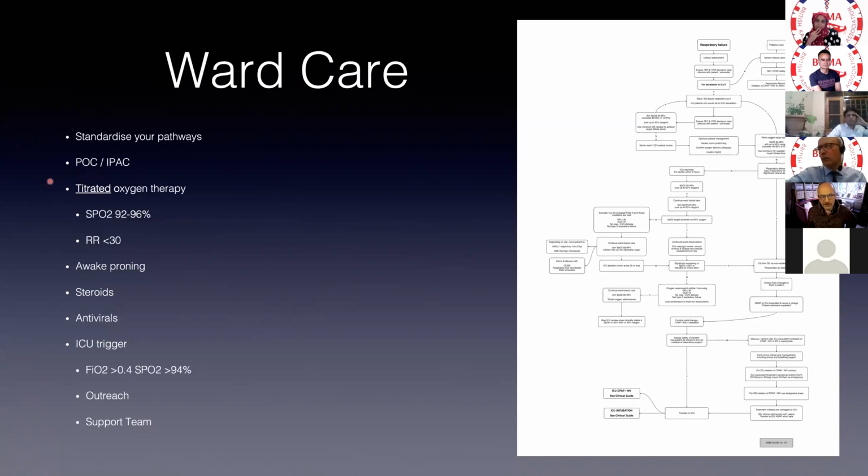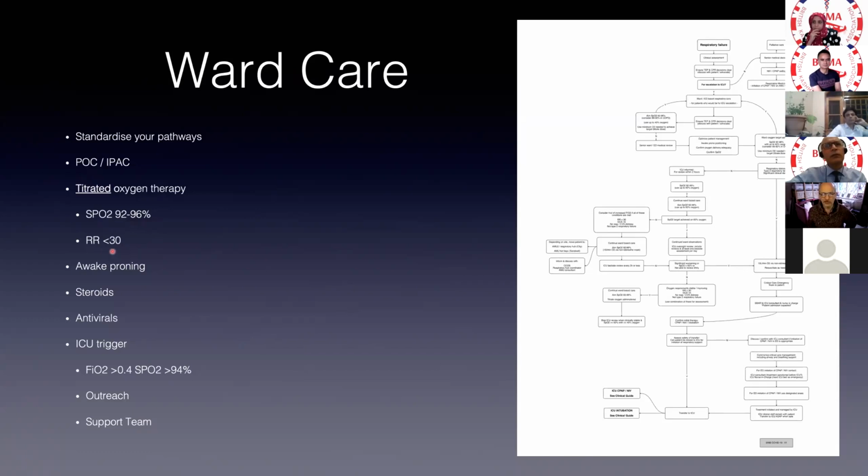The next really big take-home message is titrated oxygen therapy. Initially, we were finding every single patient was on a 15-litre non-rebreathe mask, which made it difficult to assess them. And we're now much better at giving titrated therapy to maintain SATs between 92 and 96% and a respiratory rate below 30.